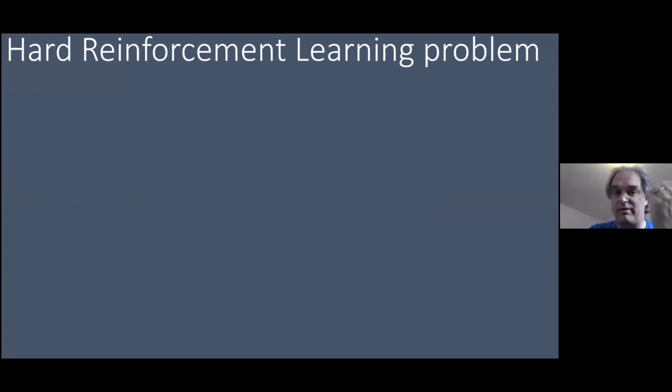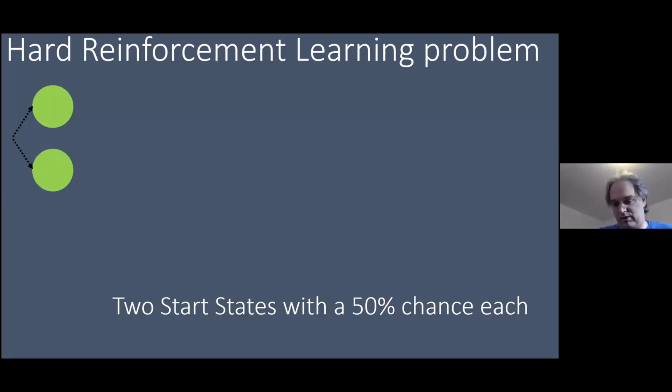I'm going to start by defining a really hard reinforcement learning problem, something that we define for ourselves to shape what we're aiming for. And hopefully it will help you understand what we're aiming for as well. So we're going to start in two different possible start states. There'll be a 50% chance of each.